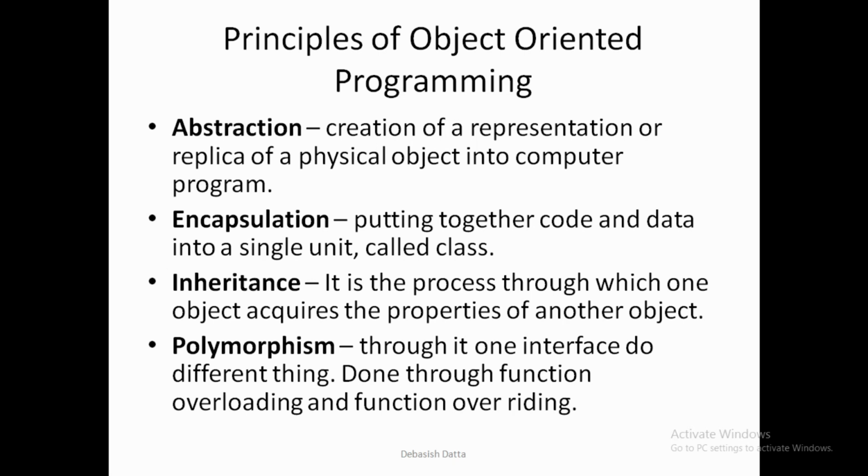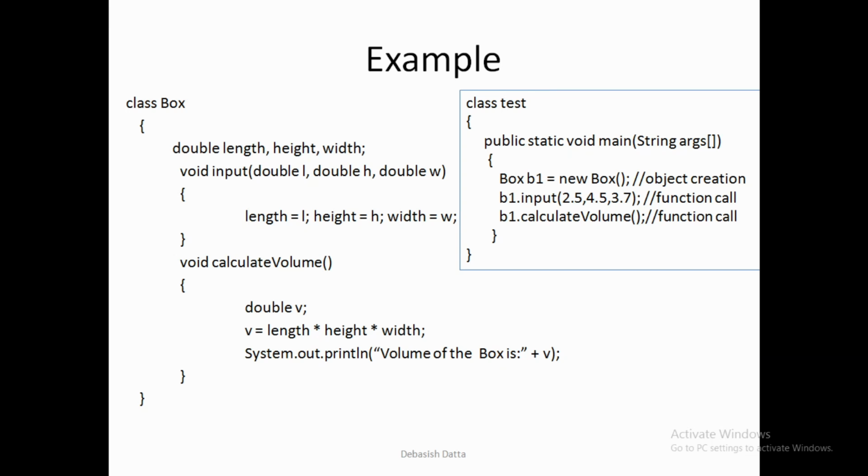We will understand it in a better way using this example. Don't be overwhelmed by the programming. I will explain in a step-by-step manner how we can write a Java program. But for the time being, let's consider this is a class with the name Box.